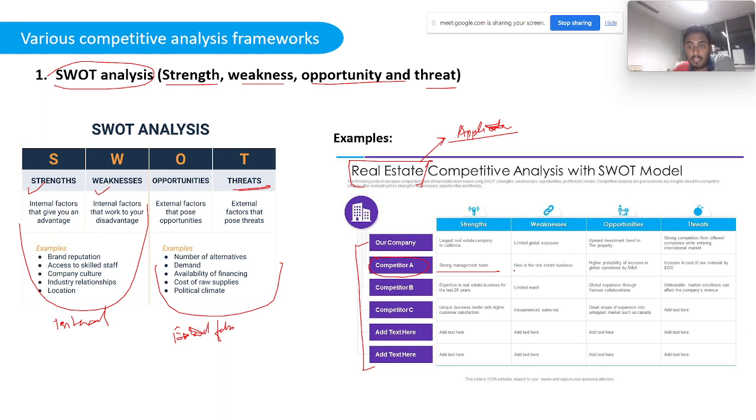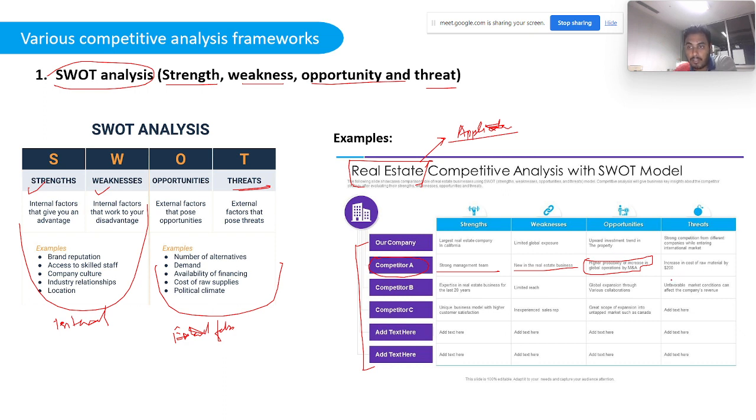A weakness can be that they are new in the real estate business, so they have little experience and lack the exposure that older companies may have. Opportunities: there may be a higher probability of increase in global operations because of their new product and strong management team. Probably they will get good opportunity in future, which will expand their market in a particular country.